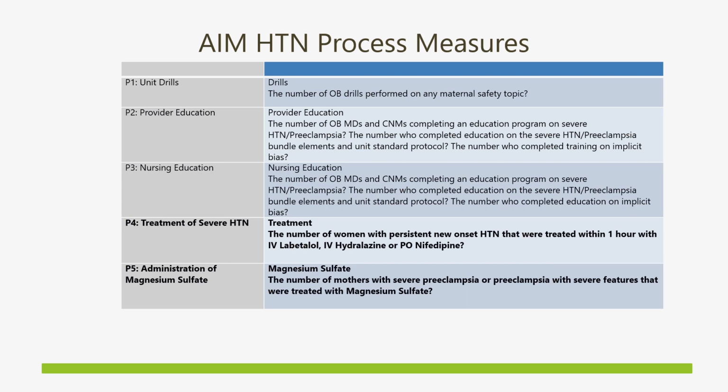So for facilities that are implementing the hypertension bundle and are Joint Commission accredited, you will need to have documentation to support treatment of hypertension and administration of magnesium sulfate as part of your protocols in your facilities as you approach the accreditation process and the requirements for July 2020 for the Joint Commission.